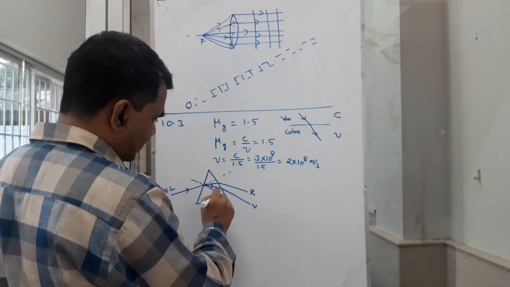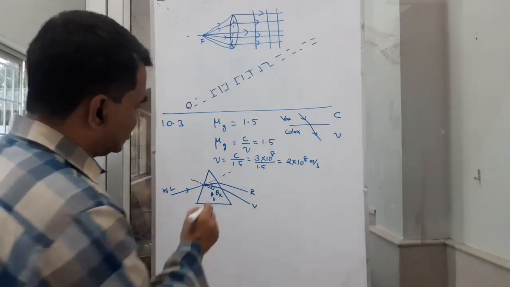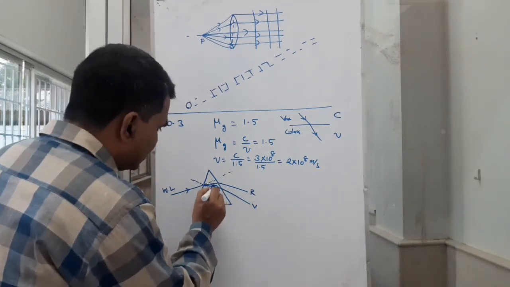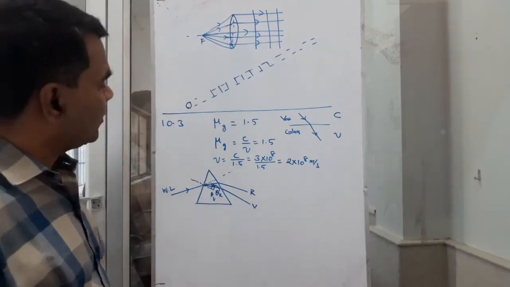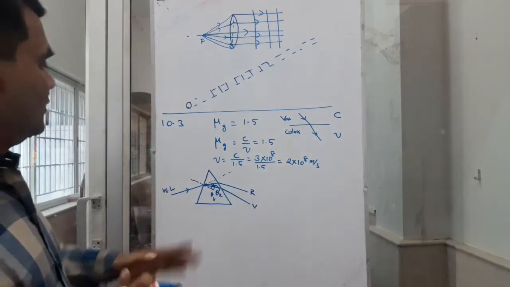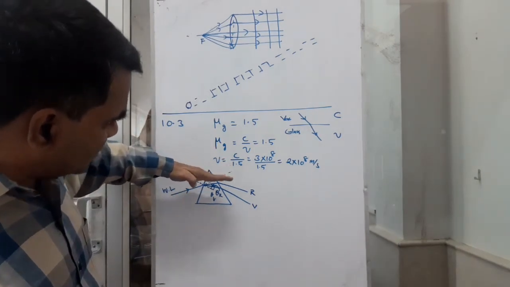This is theta red. Then this is theta violet. So the first one is theta red, and the last one will be theta violet. You can see that violet has bent more.